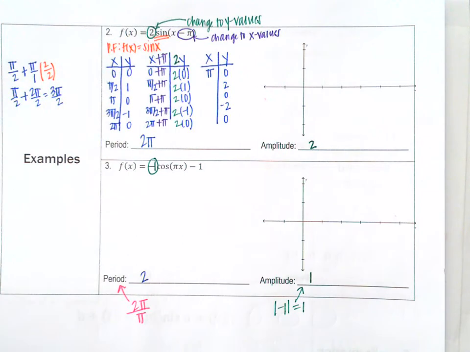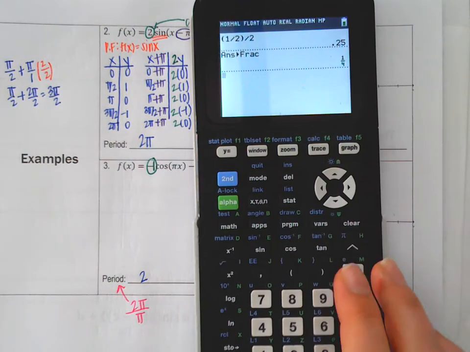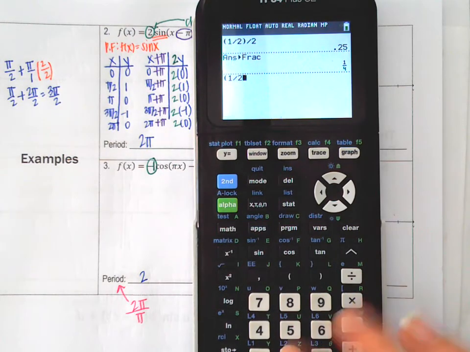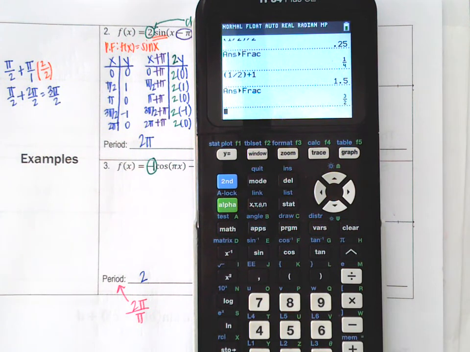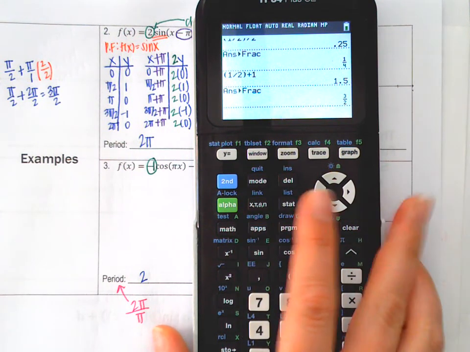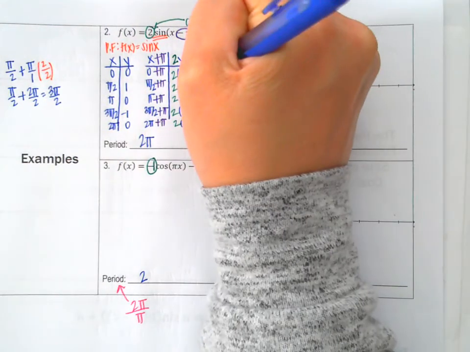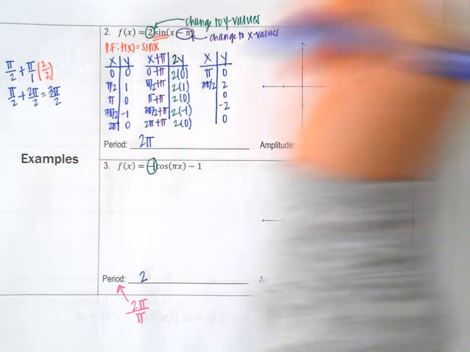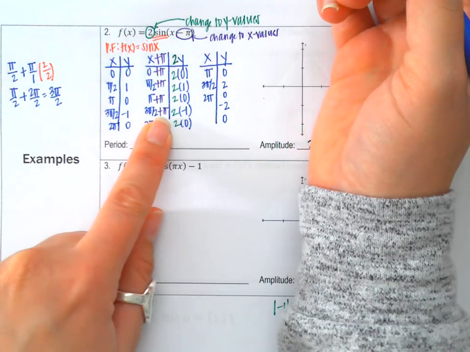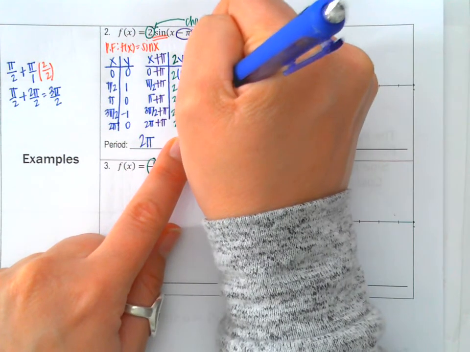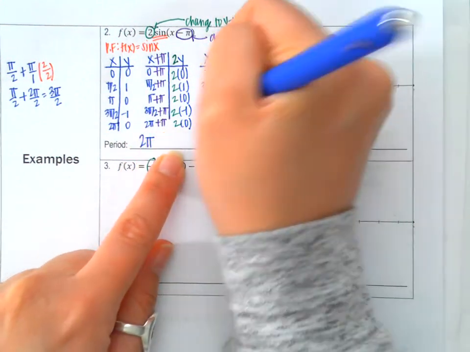You can do it in your calculator too, so ignore the pi: that would be 1/2 plus 1, which is 3/2, and then throw the pi in at the top, so 3 pi over 2, which is what we got. Pi plus pi is 2 pi. 3 pi over 2 plus pi is 5 pi over 2, and 2 pi plus pi is 3 pi.